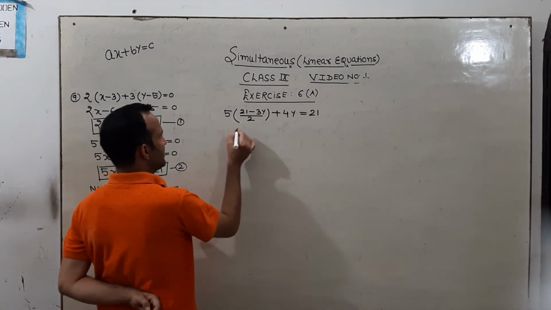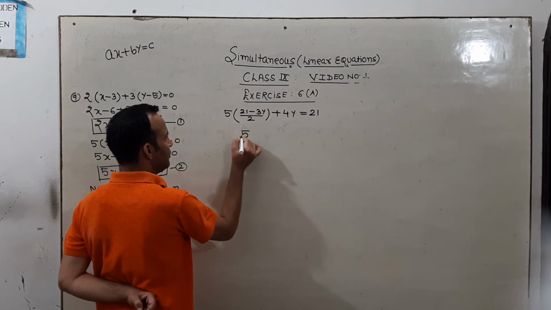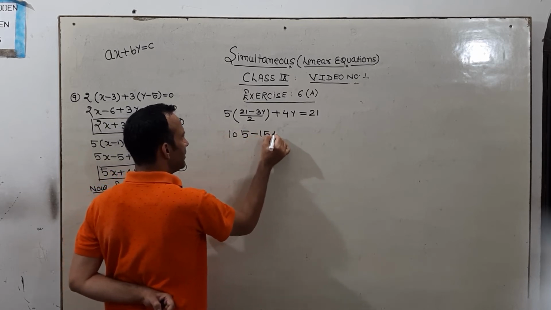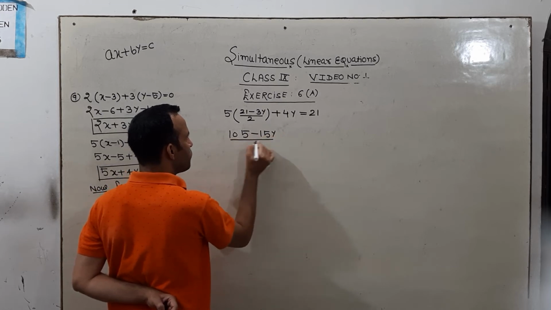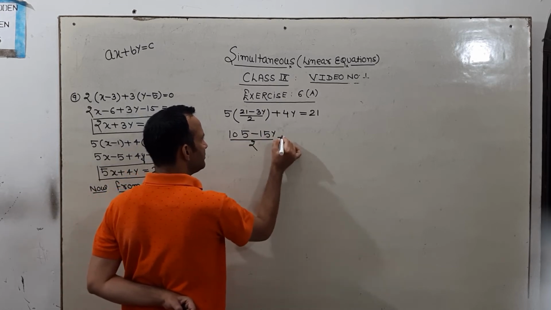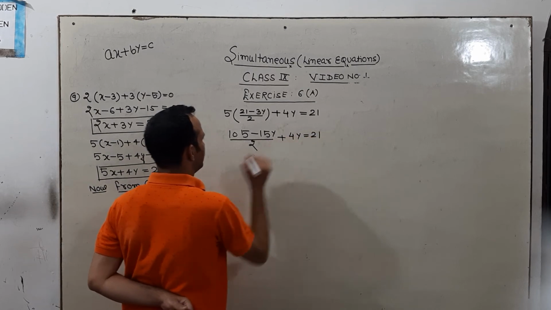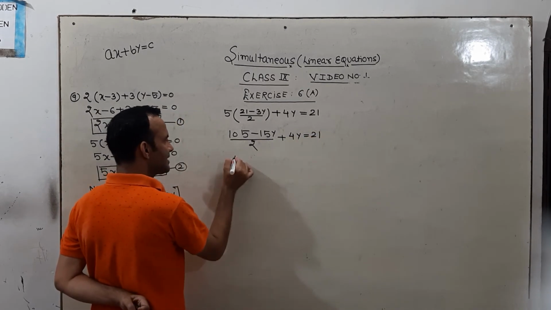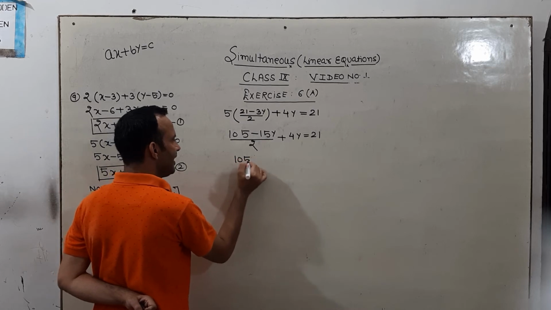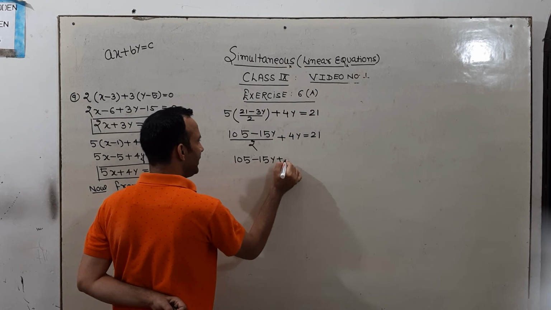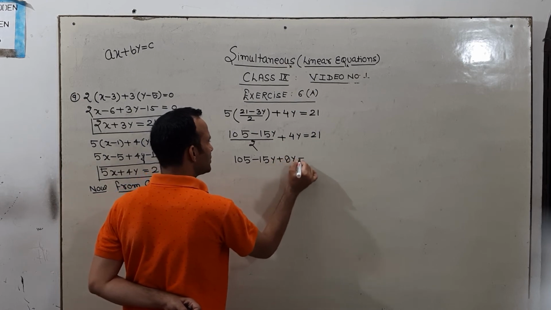Now simplify this. 5 1 is 5, 5 2 is 10, 5 3 is 15y upon 2 plus 4y is equal to 20. After taking LCM, we obtain what? 105 minus 15y, 2 4s are 8y, 21 2s are 42.